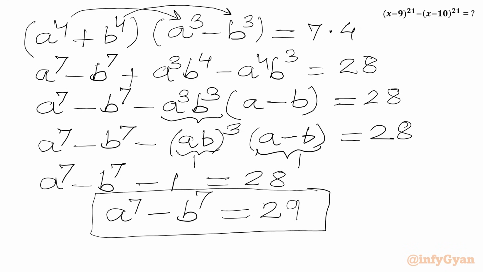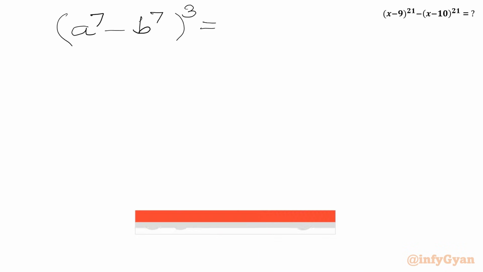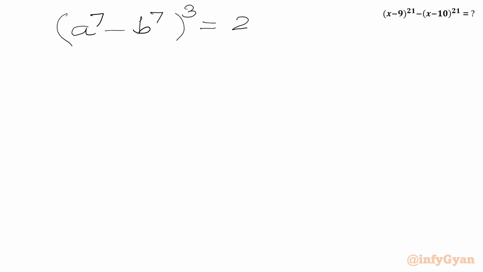Now our target expression is a power 21 minus b power 21. So I need to consider cubing both sides. So I will write here (a power 7 minus b power 7) whole cube equal to 29 whole cube. So I will use the (a minus b) whole cube formula.